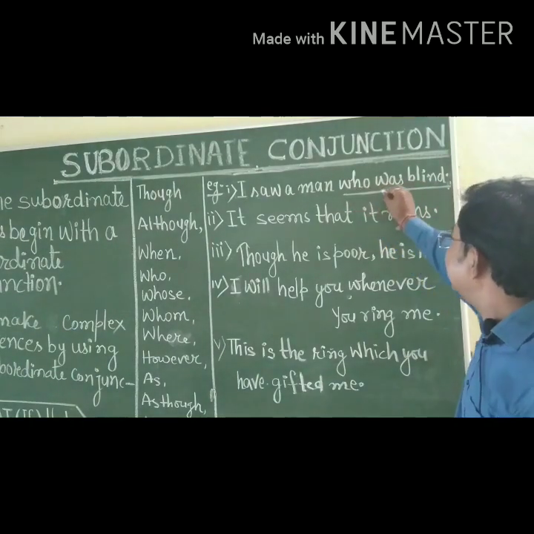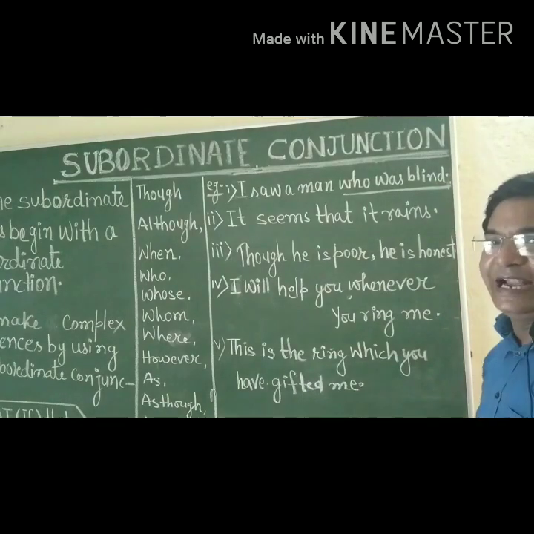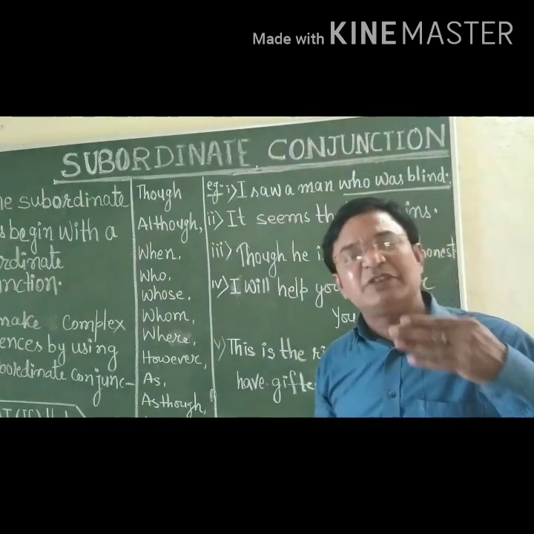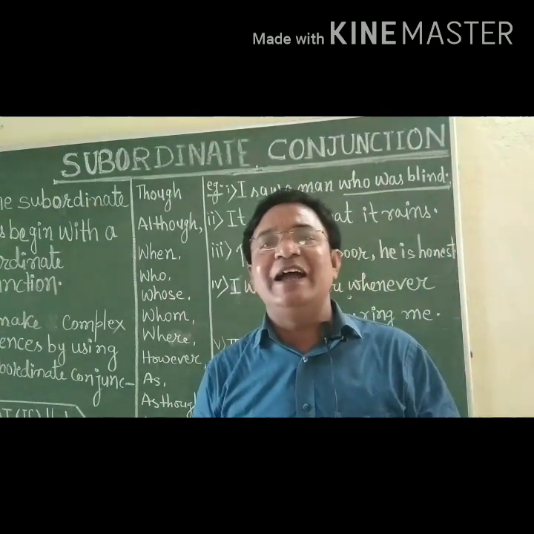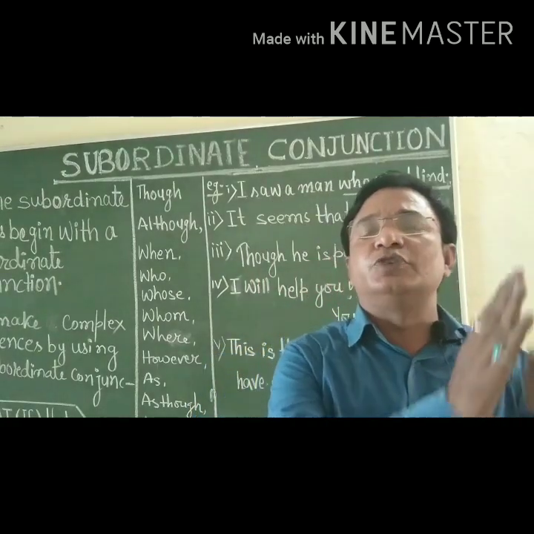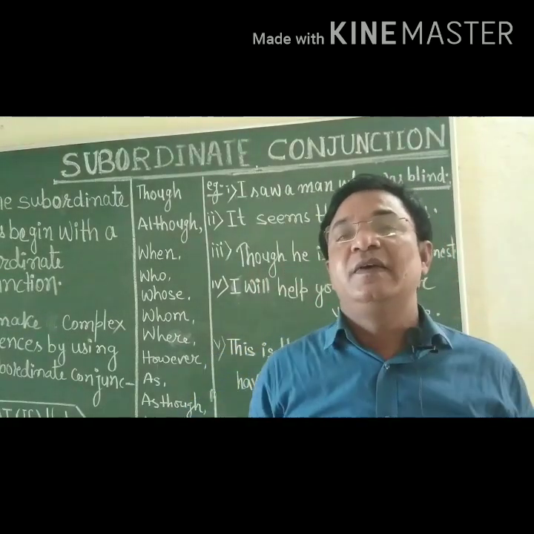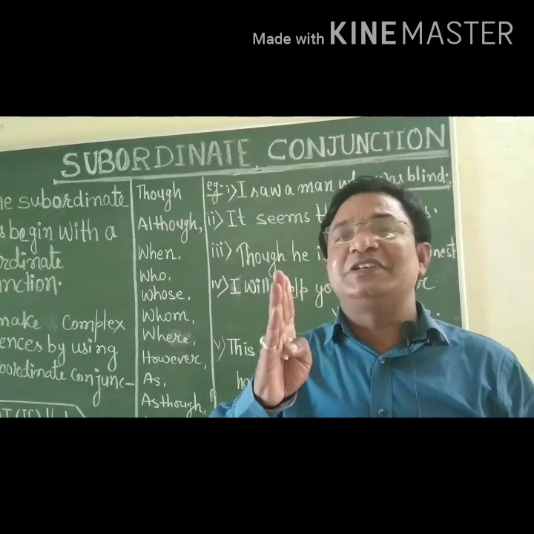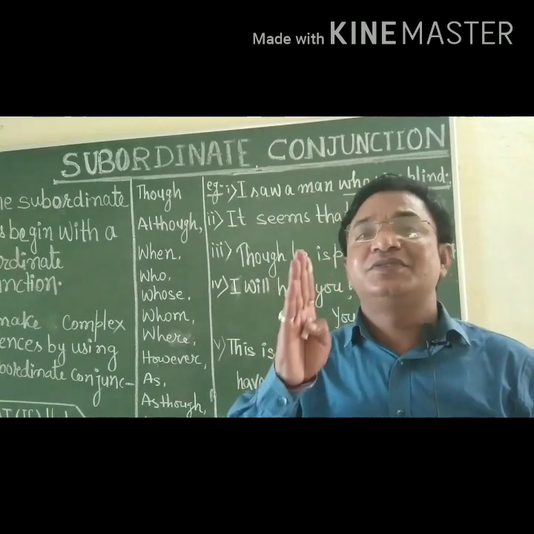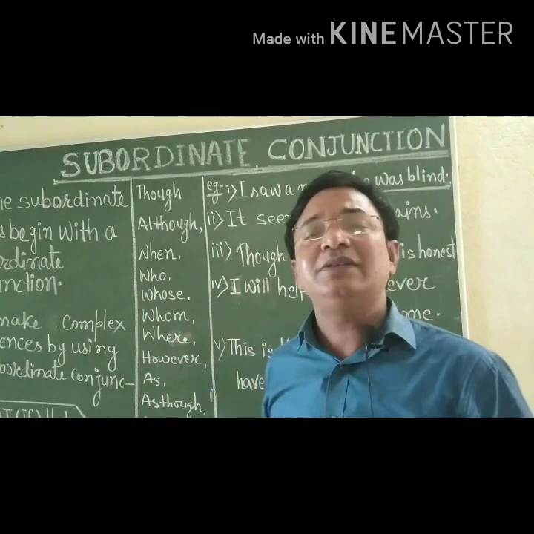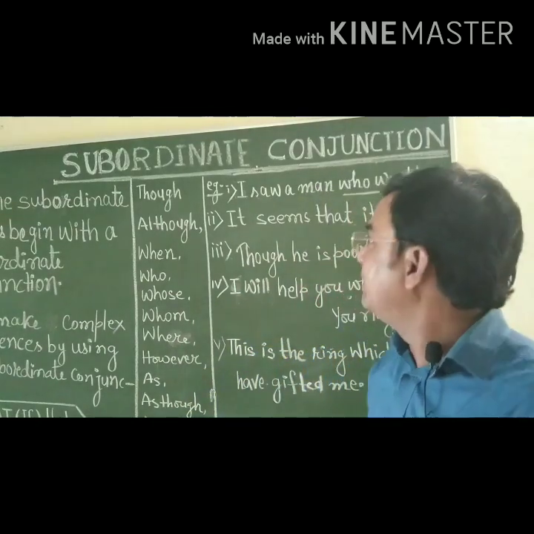Who was blind? I saw a man who was blind. When we talk about this particular first sentence, we find that it has got two parts. The first part is clearing its meaning. What is it? I saw a man.